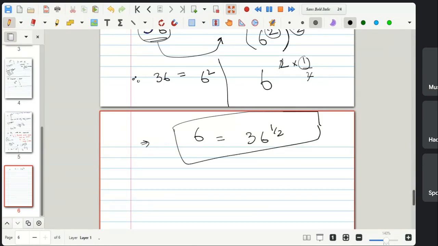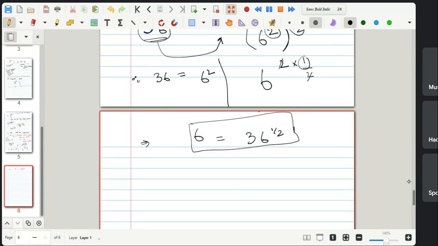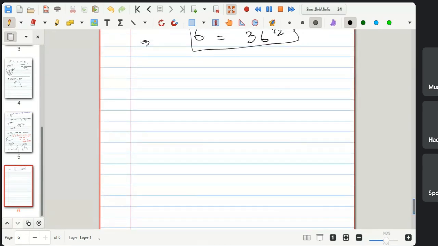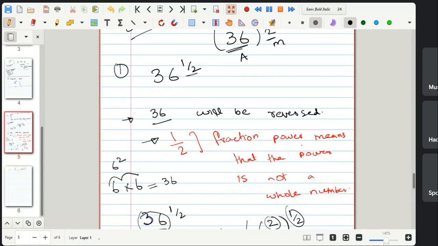This is a very simple question. I am writing a question for you, and I want you to try this one. So this was example number 1, and now I am writing number 2.